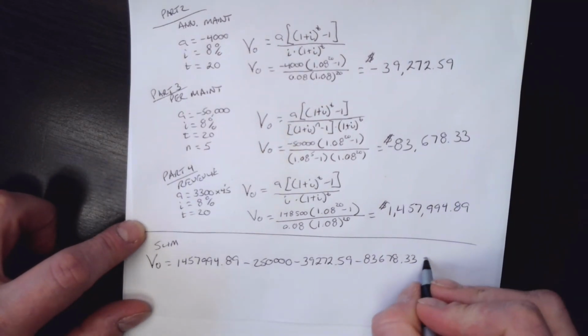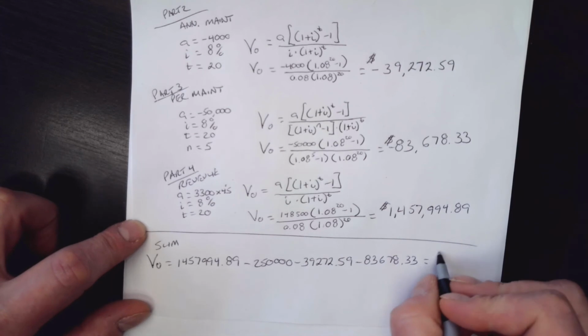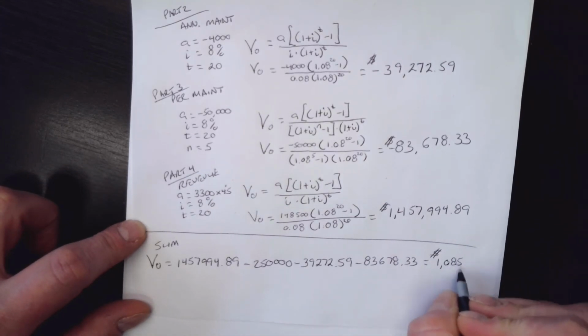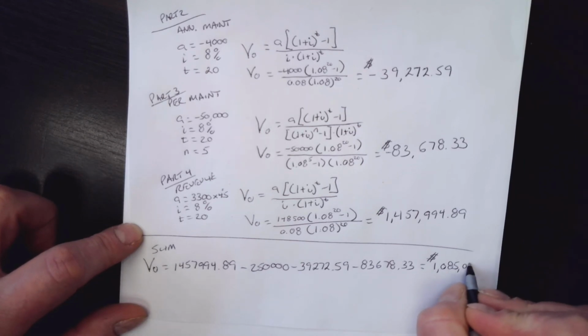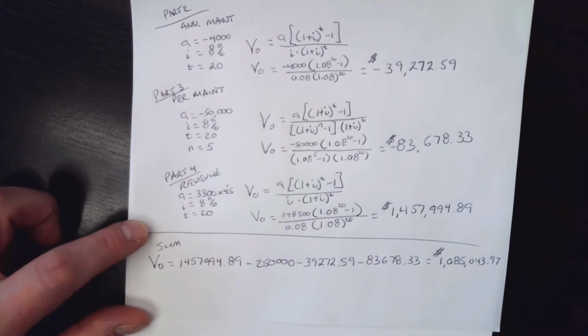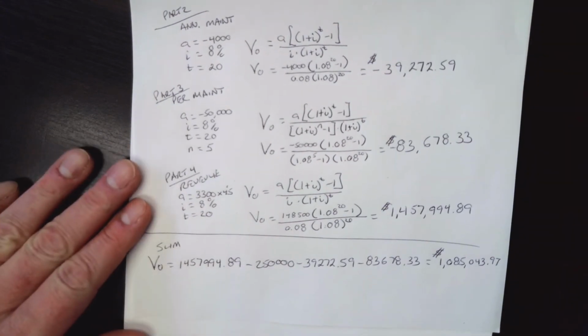When I do all that together, I get a present value of 1,085,043.97. That is the present value of this plan.